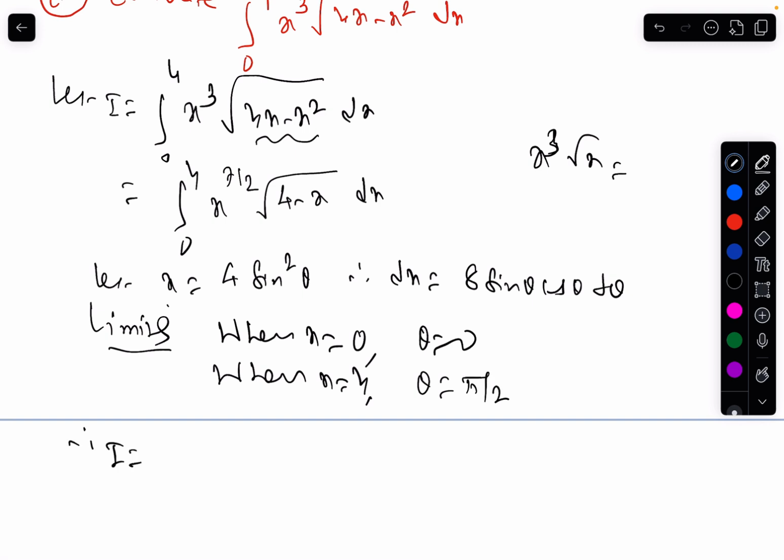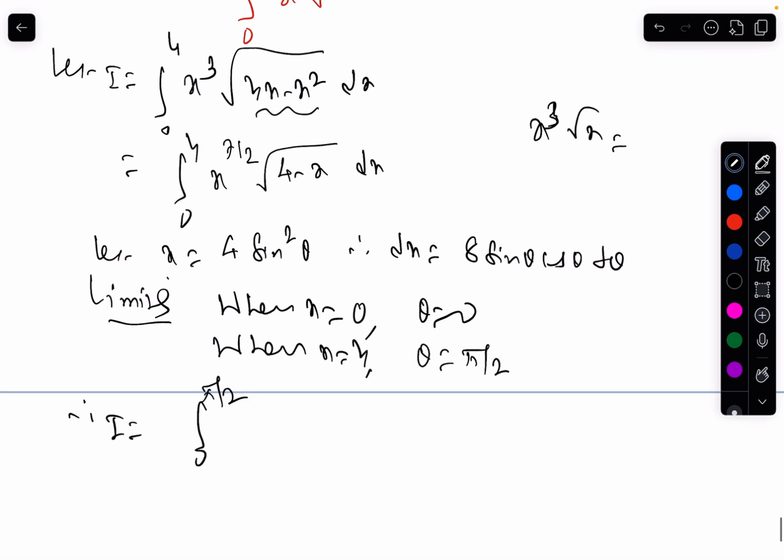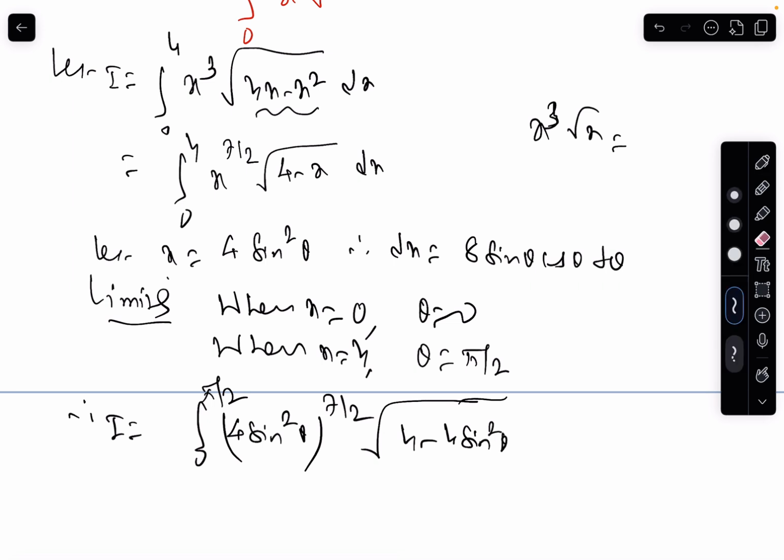And therefore this I is integration 0 to pi by 2 of x power 7 by 2, so (4 sine square theta) power 7 by 2, root of 4 minus 4 sine square theta, and dx is 8 sine theta cosine theta d theta.